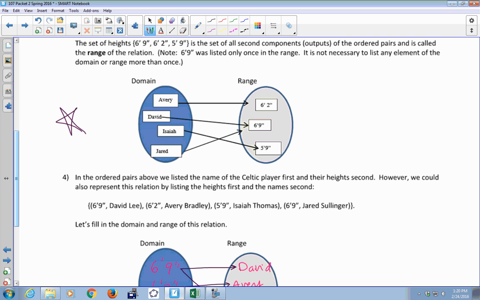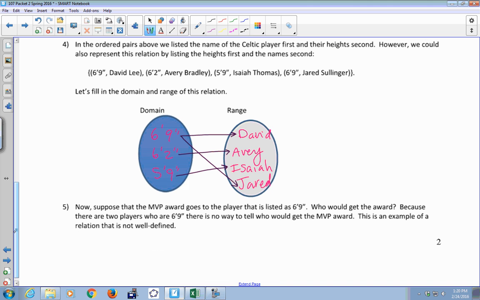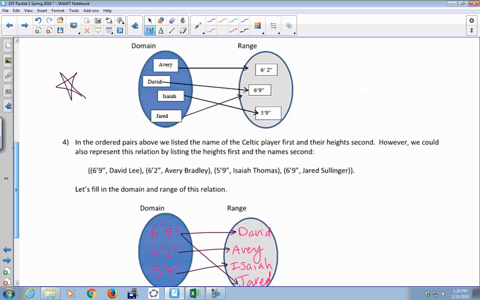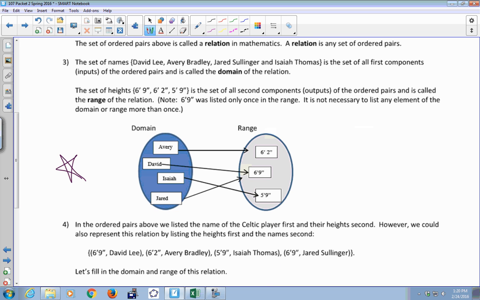Like, so if I say, David, what's his height? 6'9". It's easy to answer, right? But in the other one, if I pick a height, 6'9", who's that height? You're like, oh, well, it could be David, it could be Jared. It's hard to answer that question. So this is the one that's well defined. Okay.